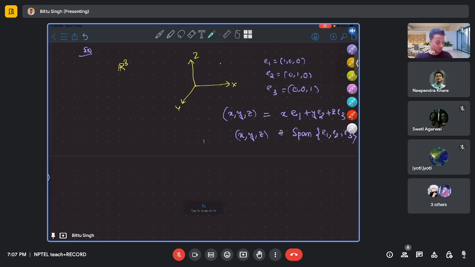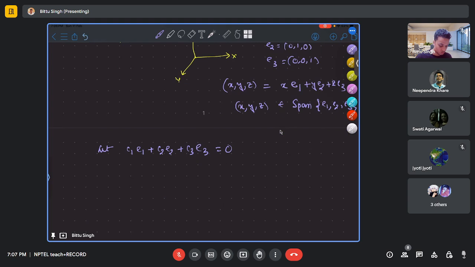So mathematically, how do we verify? Take any linear combination c1 e1 plus c2 e2 plus c3 e3 and set it equal to 0.